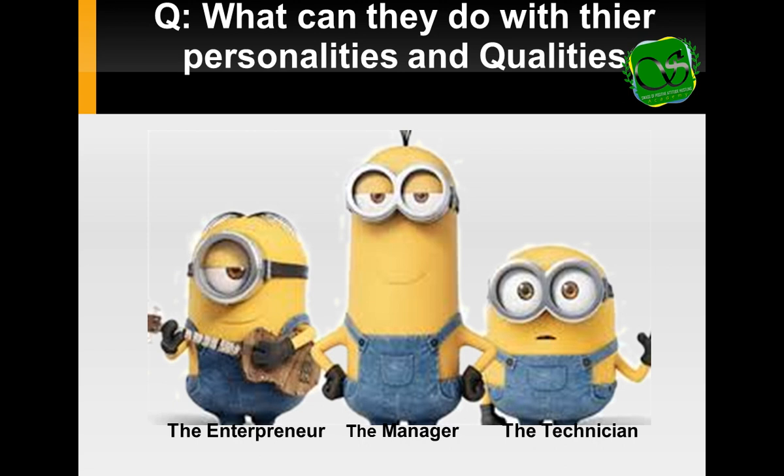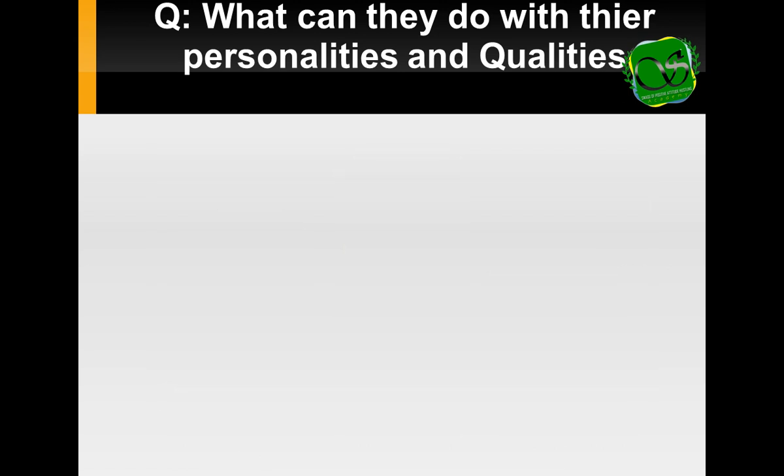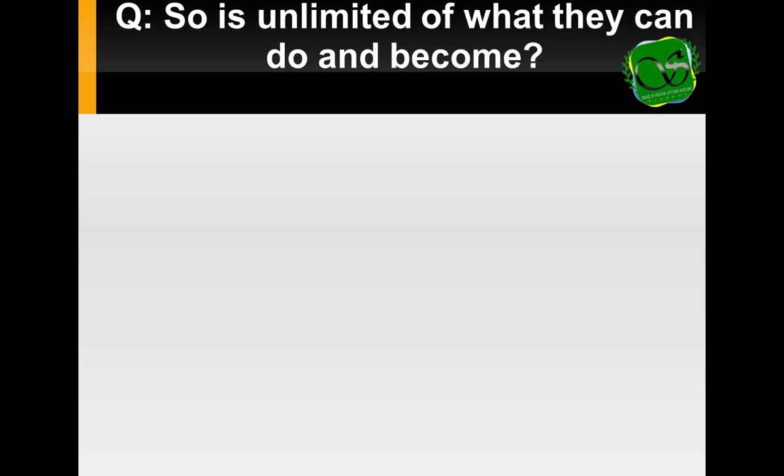And then the manager can manage that, and the entrepreneur can utilize that platform to actually do something with it in terms of his career. So the question I get most of the time is, it's unlimited what they can actually do and become.